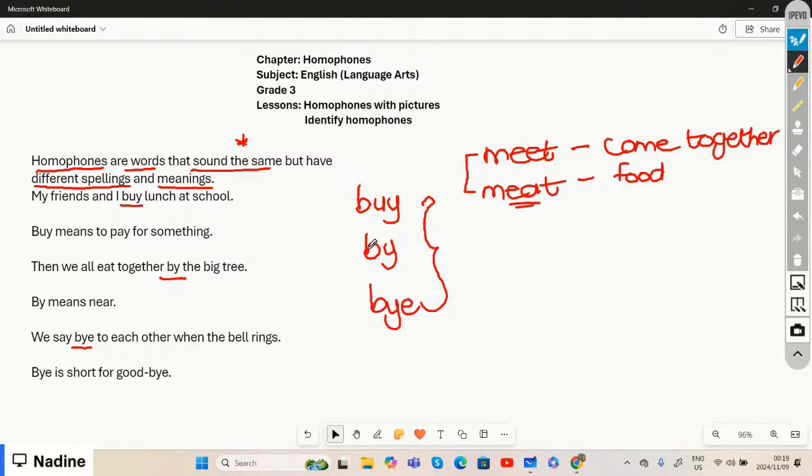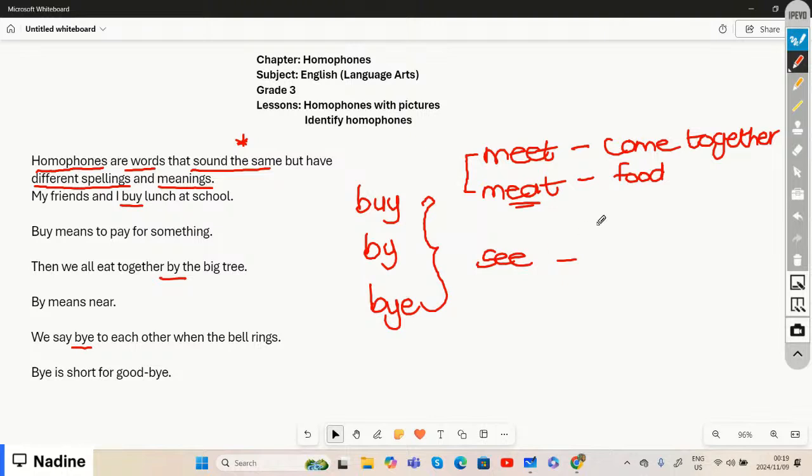Now, if you look at another word, right? Look at this word see, S-E-E.